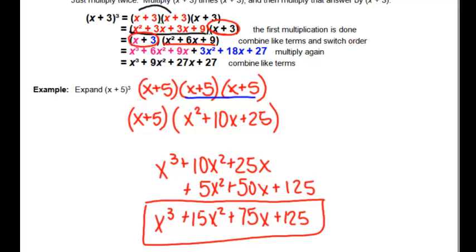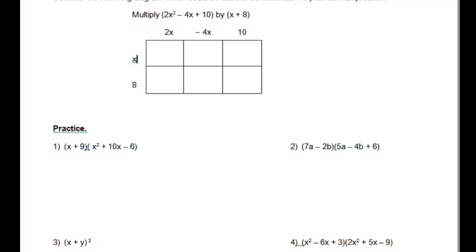Final answer. Let's go on the back, and this is just going to show you the grid method that we talked about that can be used. So if I multiply these out, and actually you should have, I don't know if you do, but if you don't have an x squared there, that was a typo because we were supposed to have an x squared. So you could fill that in. And we're going to get 2x cubed, a negative 4x squared in this box, a 10x in this box, and then 2x squared times 8 is 16x squared, negative 32x, and 80.